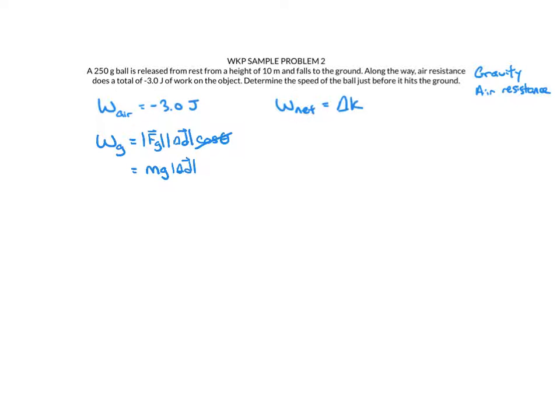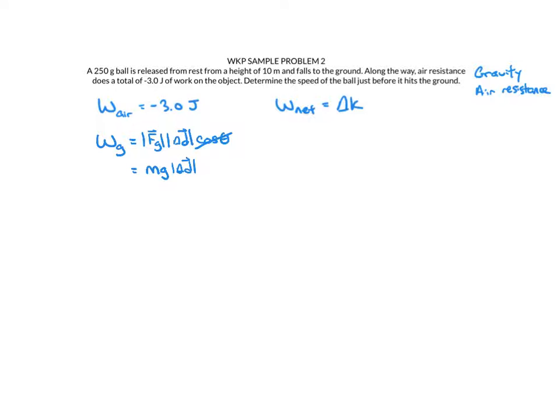Multiplying by 1 doesn't change anything, so effectively, I can just cross that out of the equation. All right, so there's my m times g times displacement as my expression for the work done by gravity.